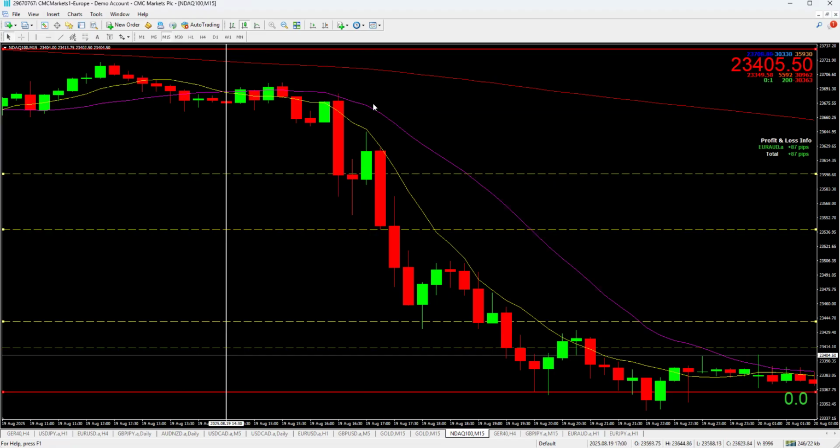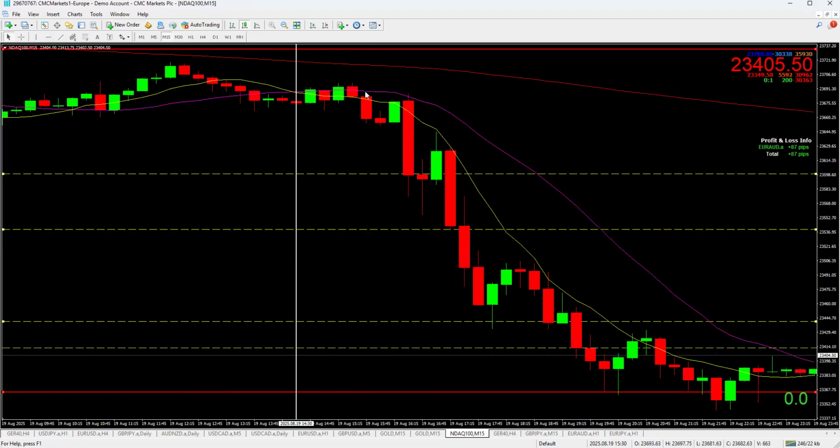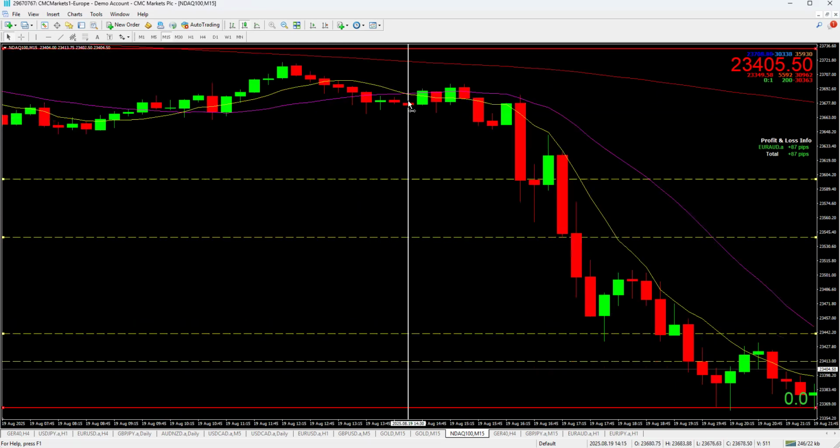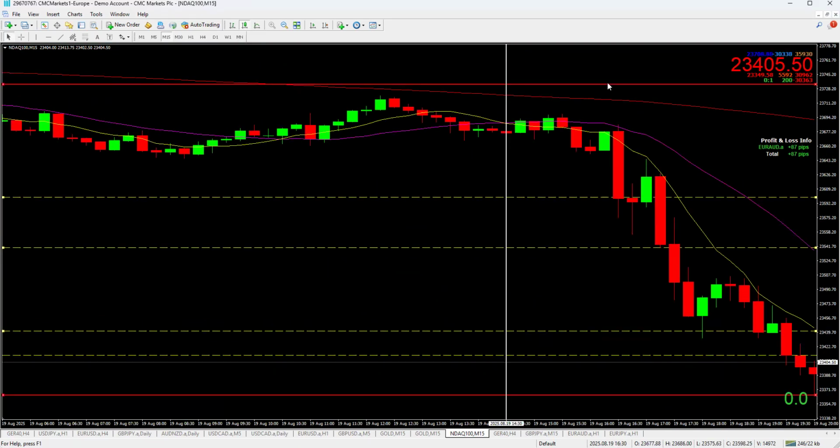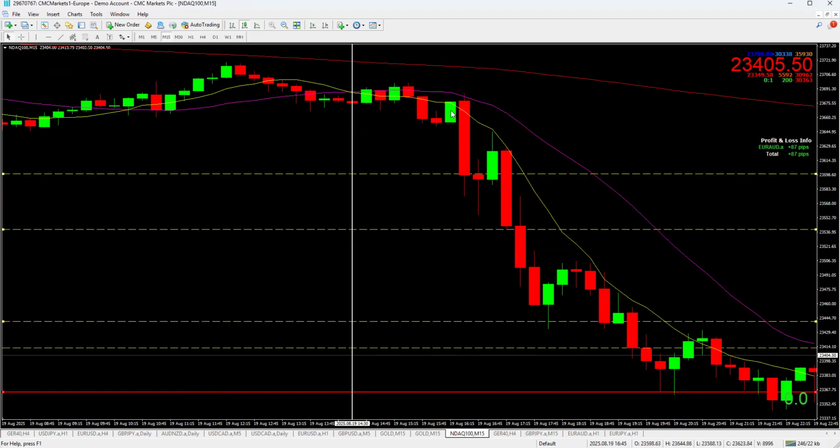Otherwise, you can see the moving average going down. So the best time to be looking to enter is when the price is still quite close to the 200. The 200 is the one that is really telling us the overall direction. If the candles and the other faster moving averages are below it, it's telling us that it's going to be going down.